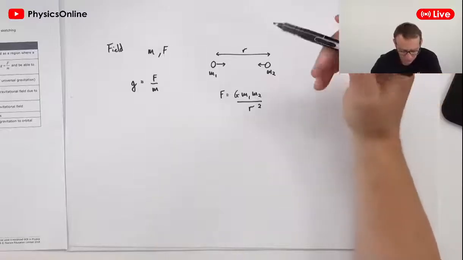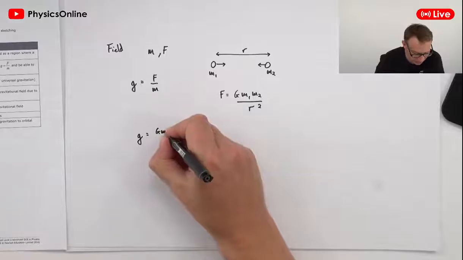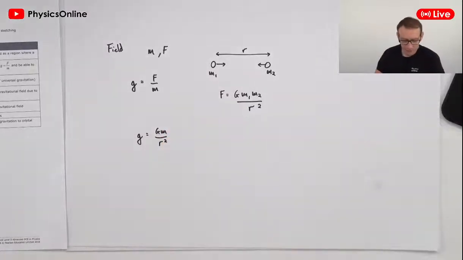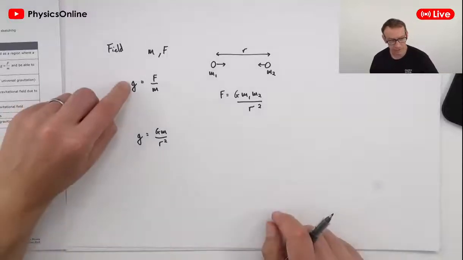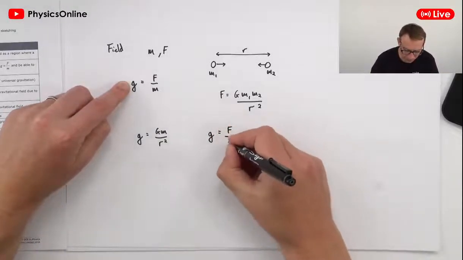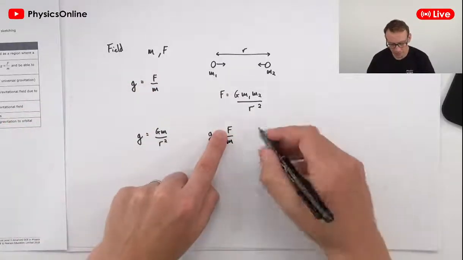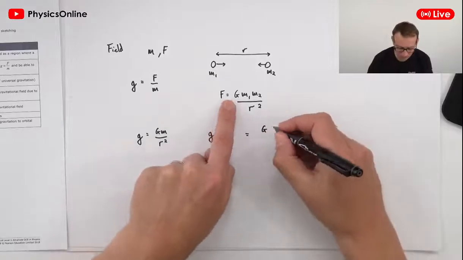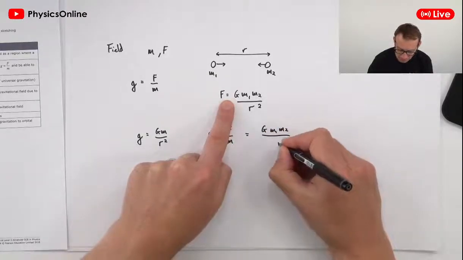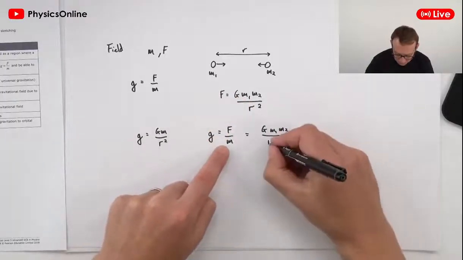Now it then says about this equation here that g is equal to Gm over r squared. Okay, now let's imagine, well, we know that, for example, the gravitational field strength g is equal to F over m. Okay, but the size of that gravitational force is going to be equal to this, which is G m1 m2 over r squared, and we're going to divide all of that by m.